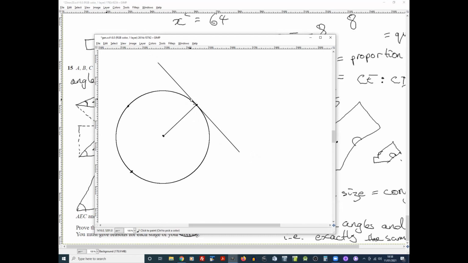Oh, or 90. 90 between there and there. I think what was happening there is you were going from there and going all the way around. But when we say the angle between two lines where they meet, we're just looking at part of the lines, yeah? So yes, tangent, radius, therefore right angle. You're going to use that quite a lot in the circle work you do in maths.